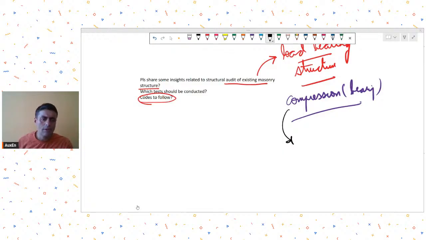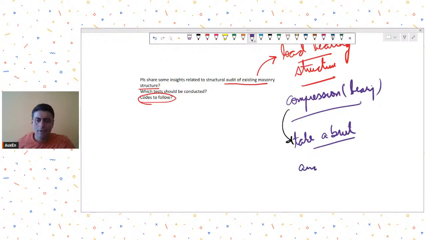That won't be possible. Cutting cores won't be possible. But what can you do? You can take out some samples and take them to your lab and test them for compression. So you take a sample, let's say a brick, and bring it to the lab and test it for compression.